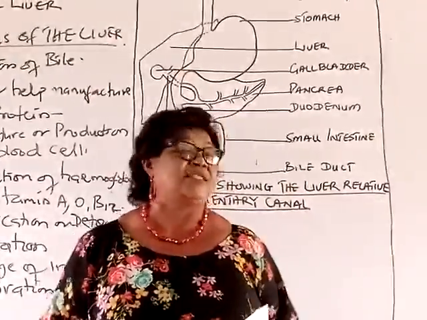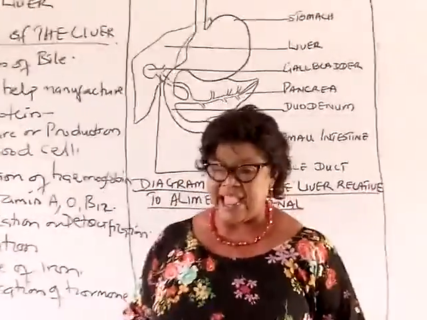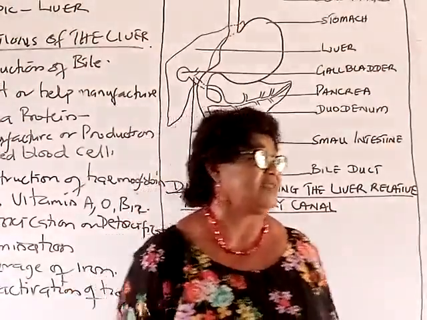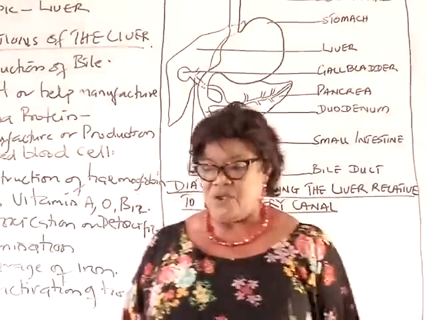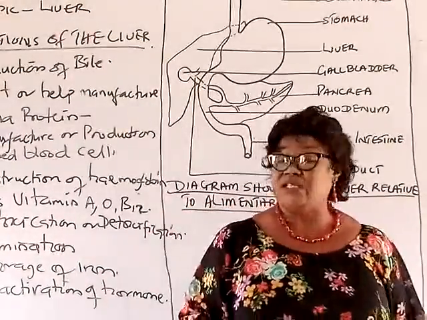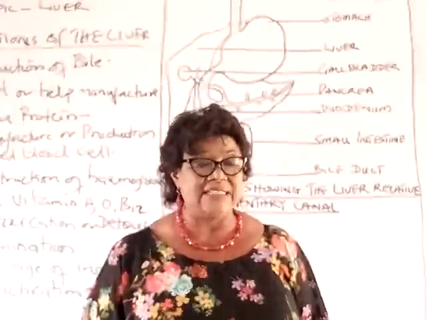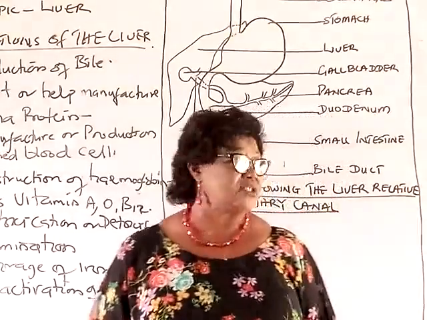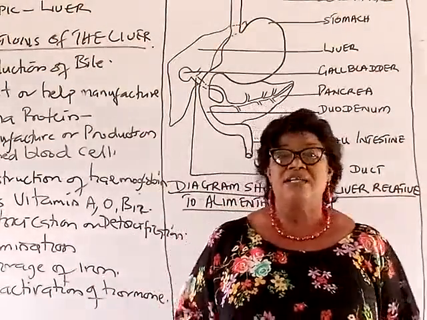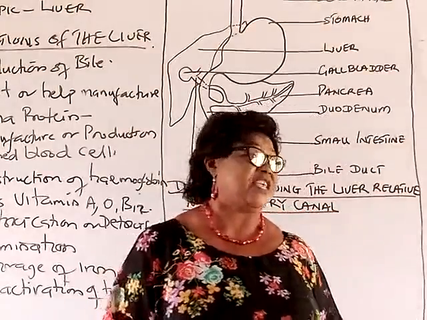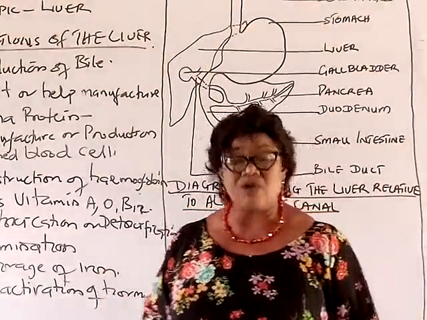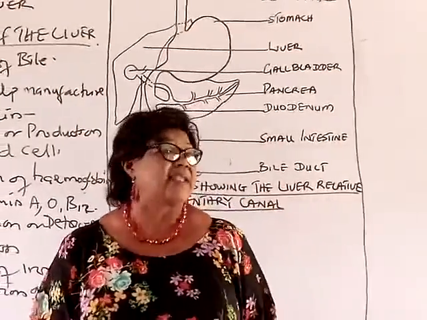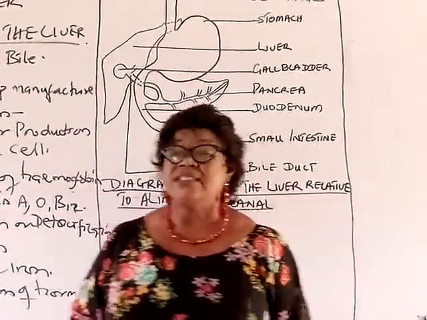The next one, they store vitamins such as vitamin A, and not only that, they help to store water-soluble vitamins such as vitamin D and B12. We also saw the liver converting harmful or foreign substances into harmless substances, a process we call detoxification. We saw the liver as well converting excess amino acid into urea and carbohydrate, the process we call deamination.